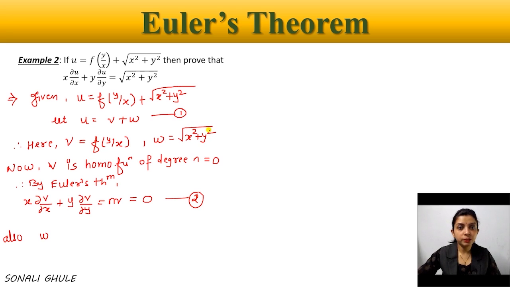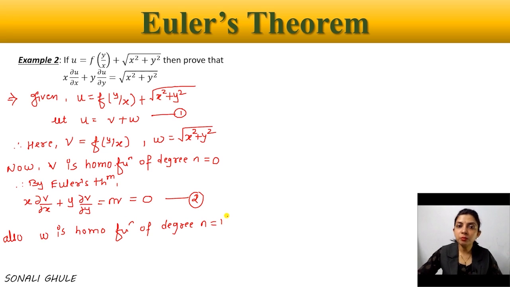What is the degree? 2. Means each term has degree 2. But when I take the square root, outside the square root, its degree becomes 1. So here I can say w is a homogeneous function of degree n equals 1.